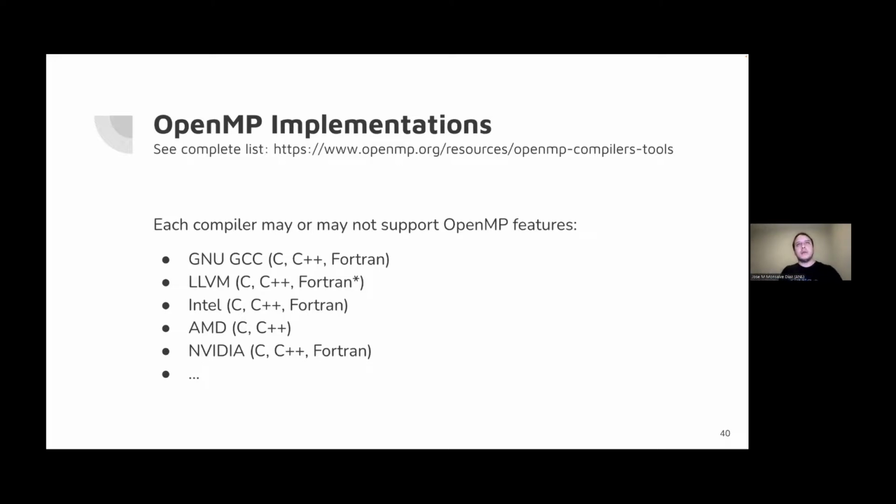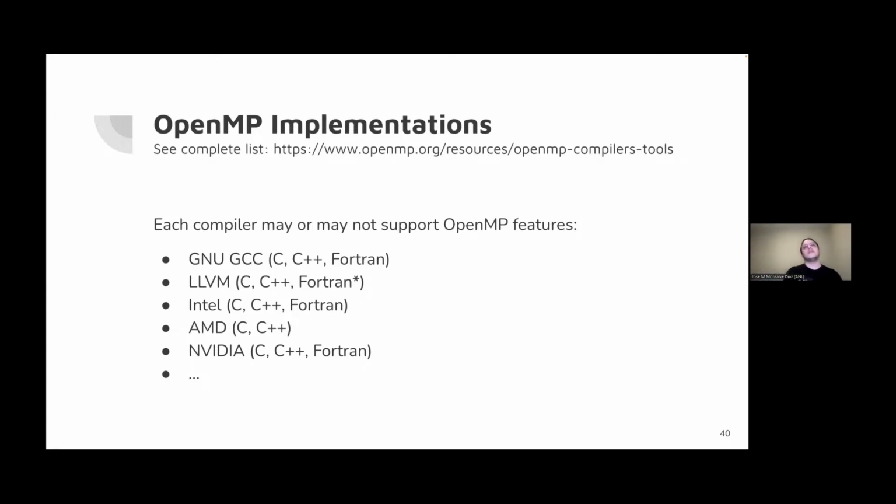But there is a really, really long list of compilers that support OpenMP. Not all of them support the complete set of OpenMP. Some of them stop at a specific version. So they say, I support OpenMP 3.0, meaning that I can do tasking, I can do parallel regions, but I cannot do offloading. They are always trying to catch up with the different features in OpenMP.